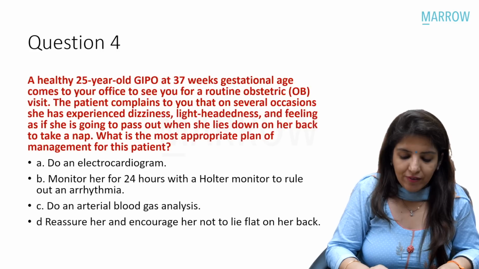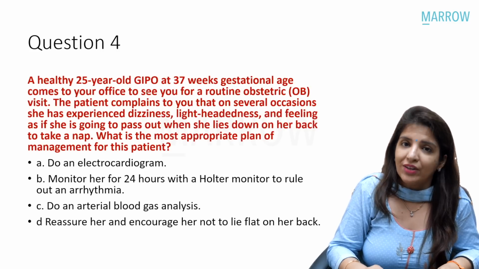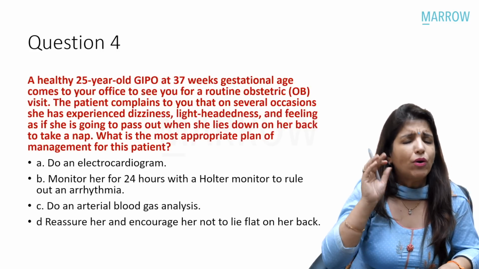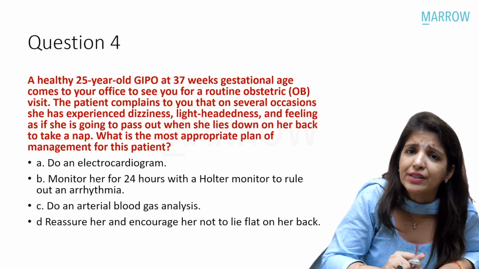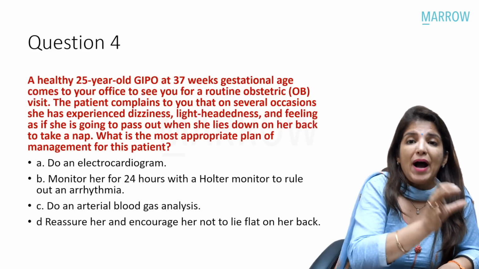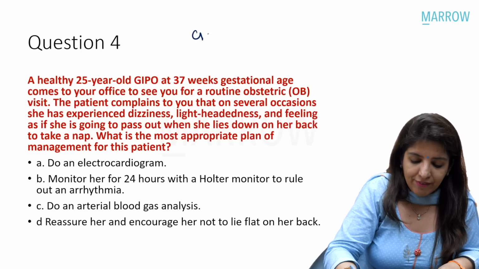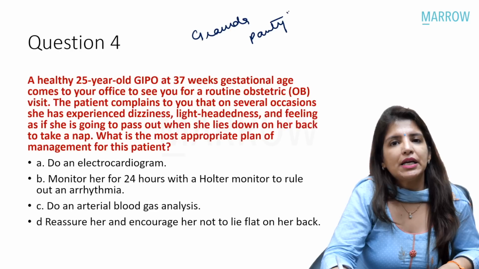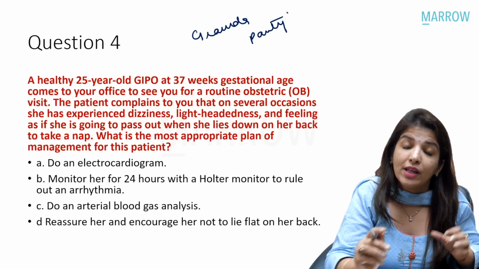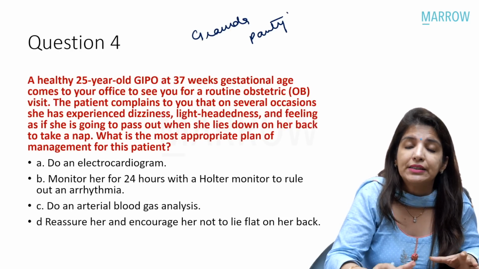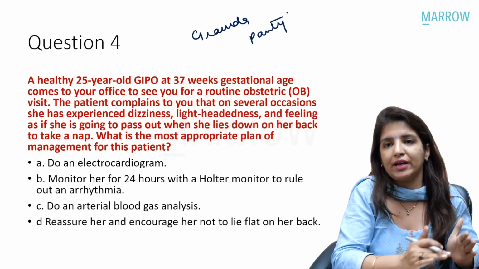A healthy 25-year-old G1P0. So gravida 1, parity 0. Now, exactly what do you mean by parity? Right? That was the GTPAL score. What do you mean by gravida and what do you mean by parity? See, gravida means the number of times a female has conceived, including this pregnancy.